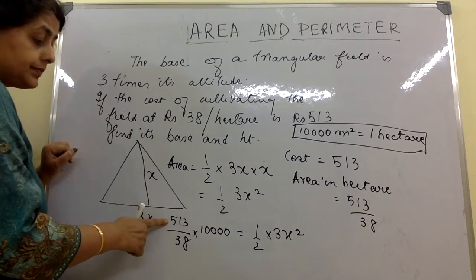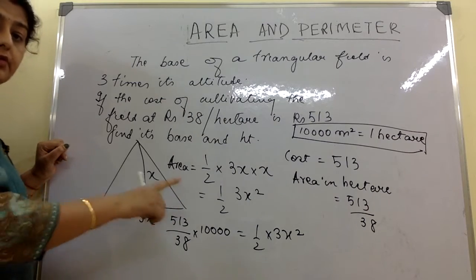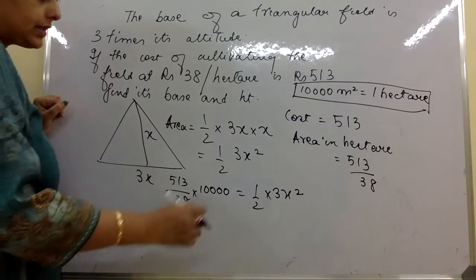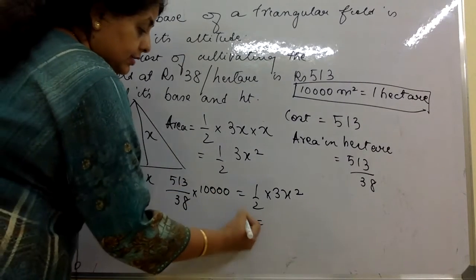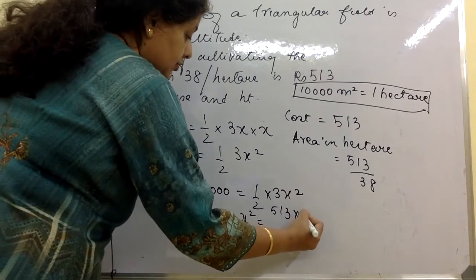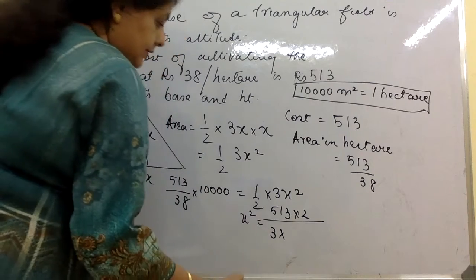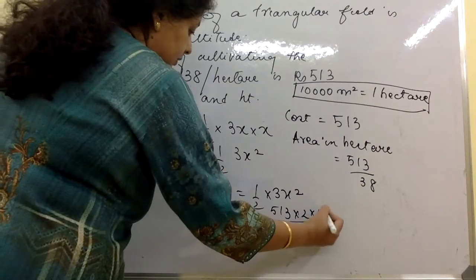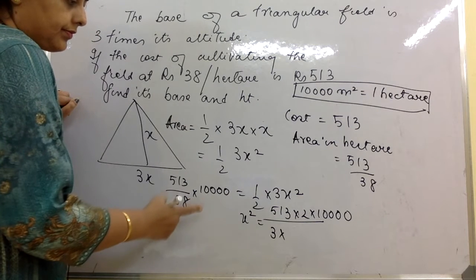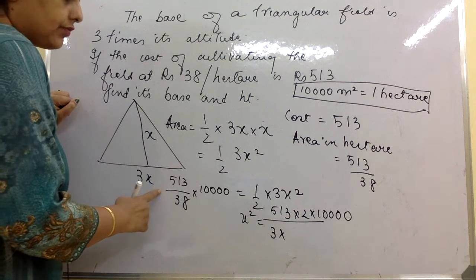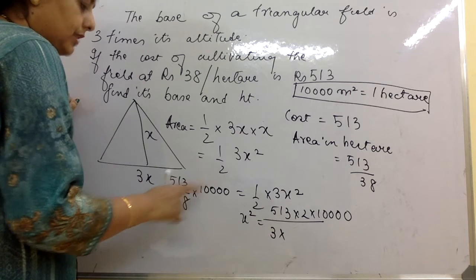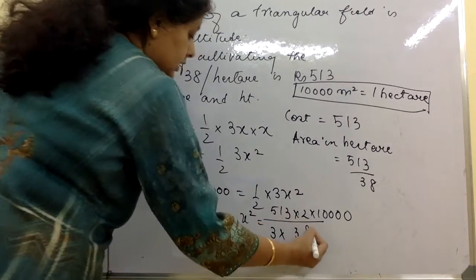So here, let me now try to find the value of x. How to find the value of x? First thing is x square, if I leave it on one side, on the other side I get 513 into 2 by 3, and here 10,000 into 2, 10,000, and then 513 into 10,000 into 2 by 3 into 38.